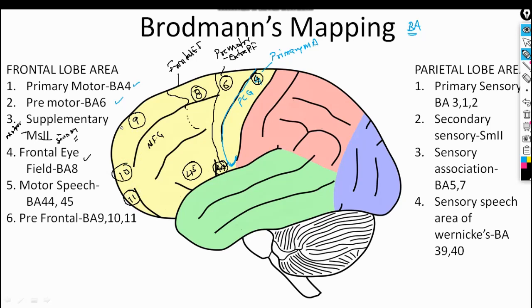Clear? Area number 9 extends from here, the superior frontal gyrus, then moves toward area number 8, then further here it goes down and then moves again to area number 6.